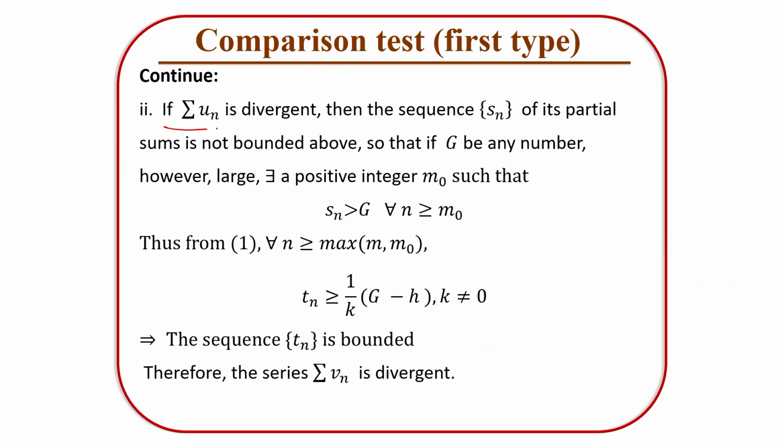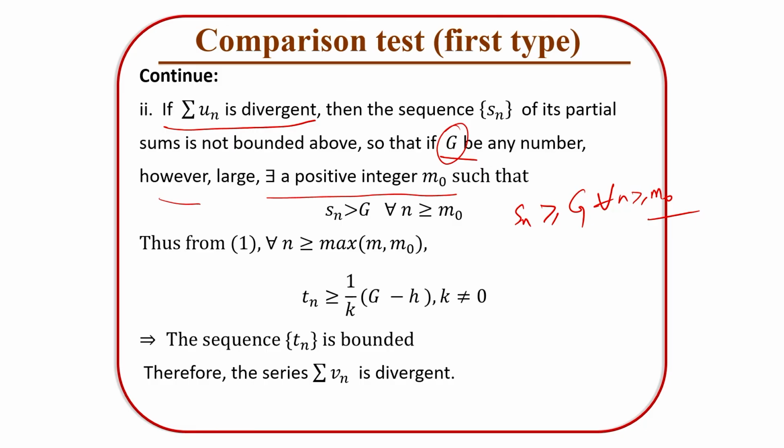Now case 2. Suppose un is divergent, then the sequence Sn of its nth partial sums is not bounded above, so that for any number G however large, there exists a positive number m0 such that Sn is greater than G for every n greater than or equal to m0, right.